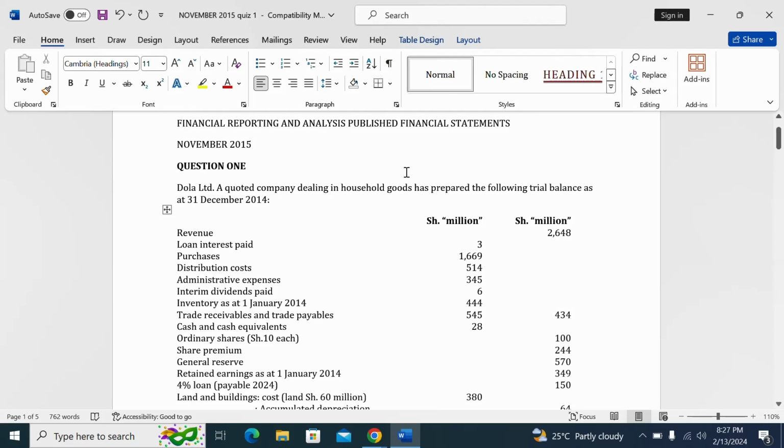Dora Limited, a quoted company dealing in household goods, has prepared the following trial balance as at 31st December 2014.